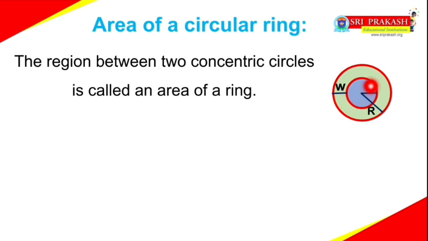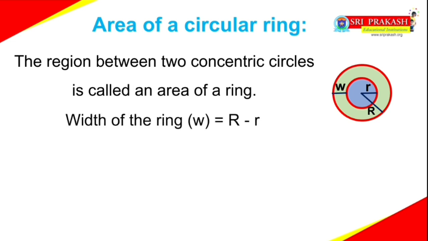Small r is called the radius of the inner circle and capital R is called the radius of the outer circle, and W is called the width of the ring. It is always equal to the difference between the outer radius and inner radius, which is equal to capital R minus small r.